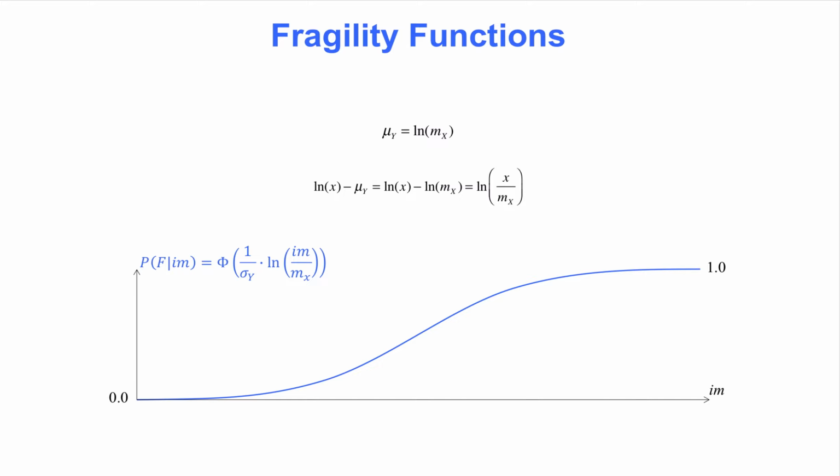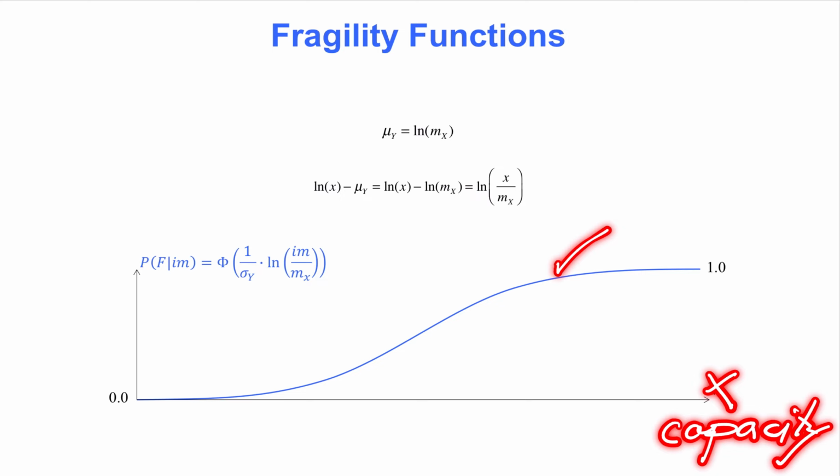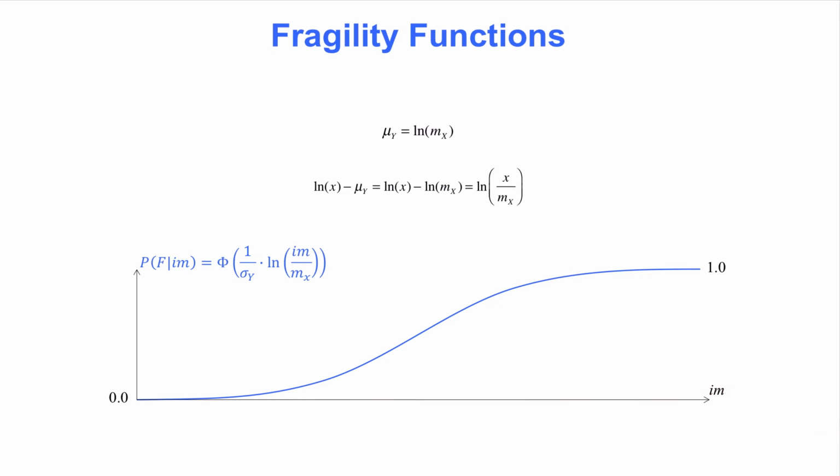However, some say that this curve represents the probability distribution of the capacity of the structure or the structural member to resist various intensity values. That is partially fine, with the following two caveats. First, we must change the horizontal axis to be capacity. Second, this will not be a formally proper fragility function that accounts for uncertainty both in capacity and demand, unless the demand uncertainty is addressed in some other way.